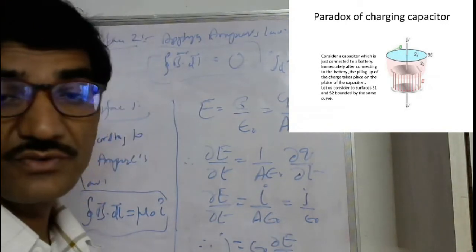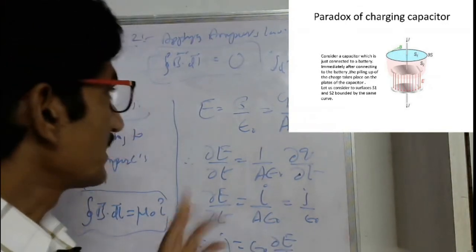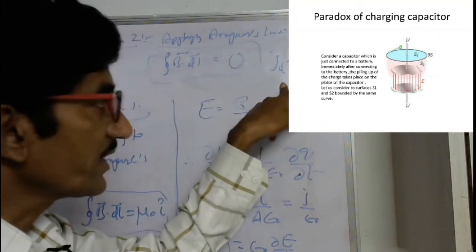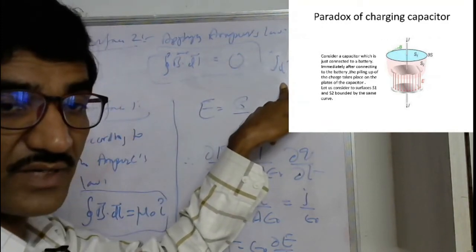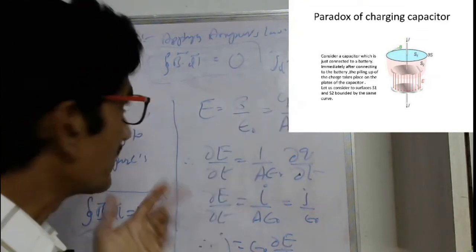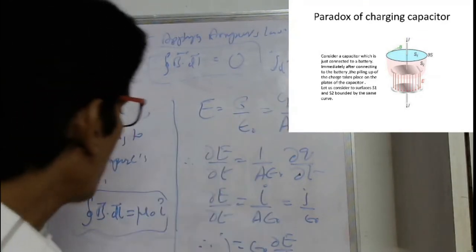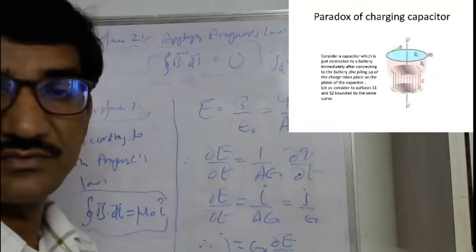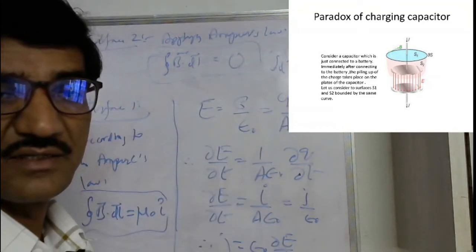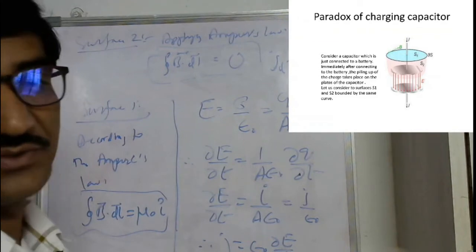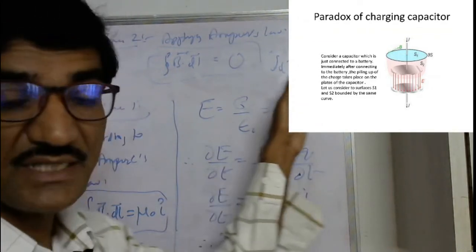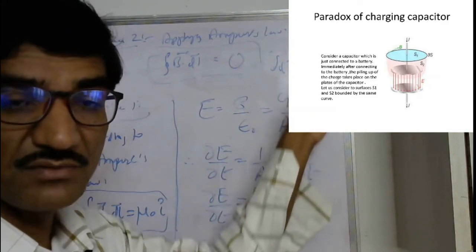Now in the second case, the current corresponding to this is I itself. So then you have integral B dot dl. Whenever there is no field, then you have 0.